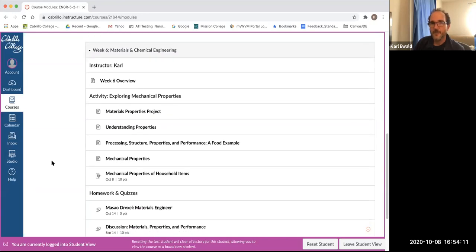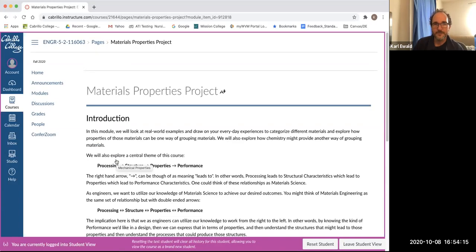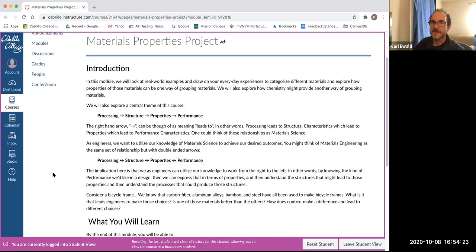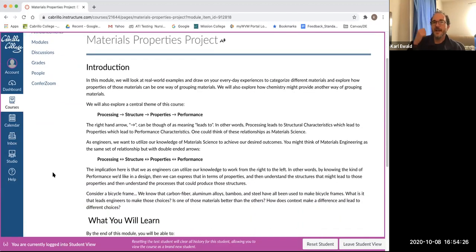And the first one is we want to talk about this concept that underlies all of material science. It's this idea that how you process something leads to different kinds of structures, and those different structures lead to different kinds of performance.